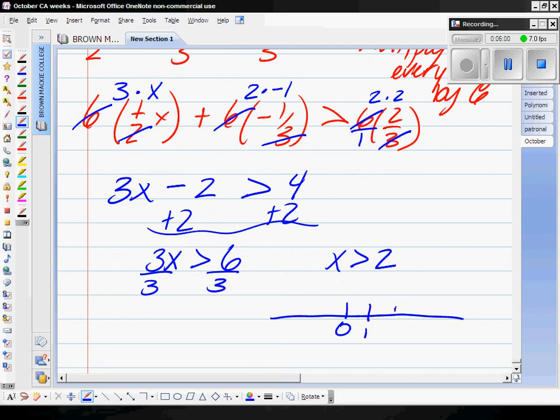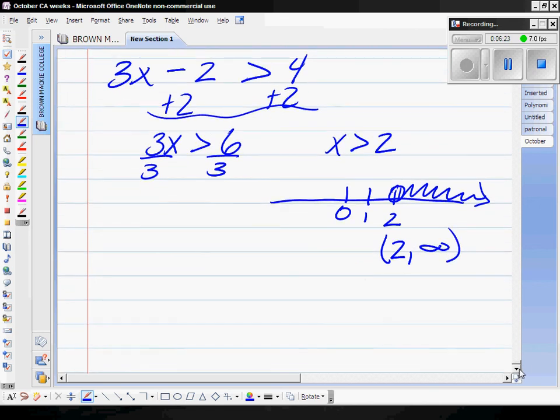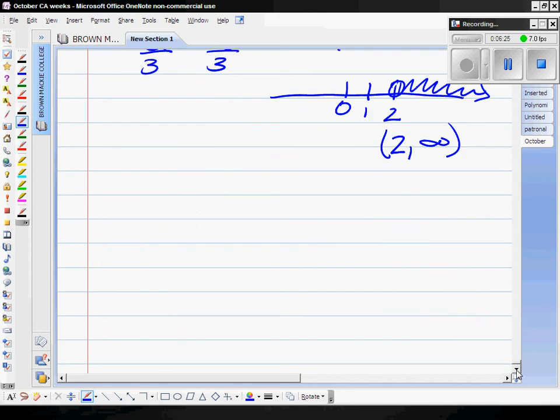If this is 0, then we have 1, then we have 2. It is open, and since the greater than sign shades everything to its right. How do you write it in interval notation? Well, since it's open, that means it is a parenthesis, and then what? Goes to infinity.